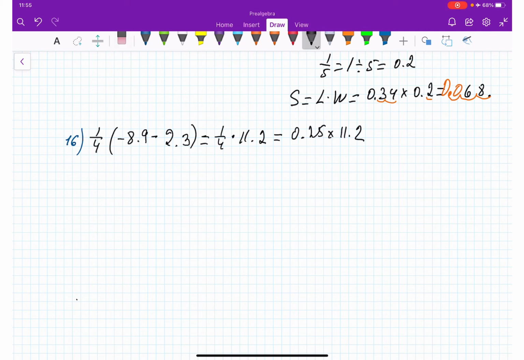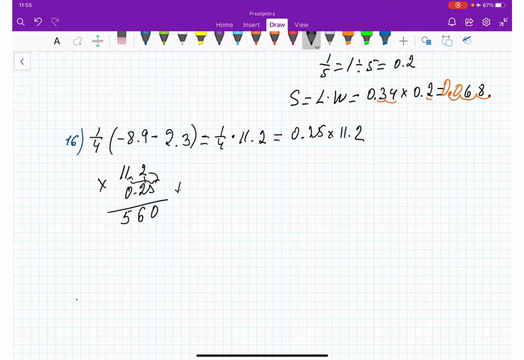Look, 11.2, I have 3 digits, and 0.25, I have 2 digits. So I'm going to write the number with fewer digits at the bottom because I will have to multiply only twice, right? 5 times 2 is 10, 1 in mind, 5 times 1 is 5, and 1 will be 6. 5 times 1 is 5.